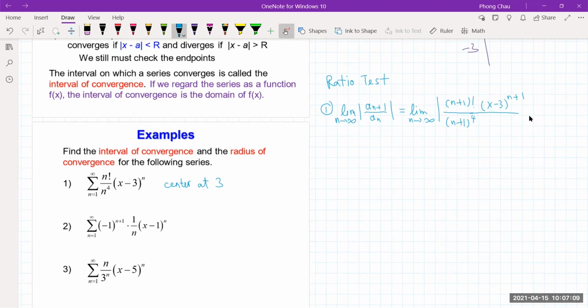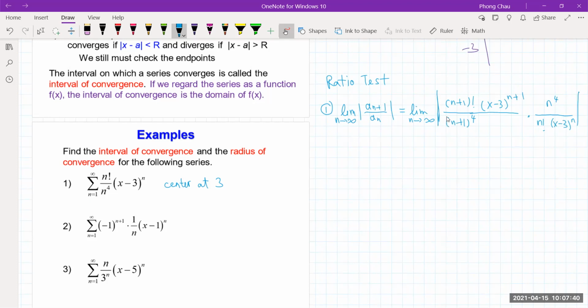And then we multiply by the reciprocal of a sub n, and that would make the n to the fourth stay on top, and the denominator will be n factorial times x minus 3 to the n power, and that's in absolute values, right? So we have absolute values.